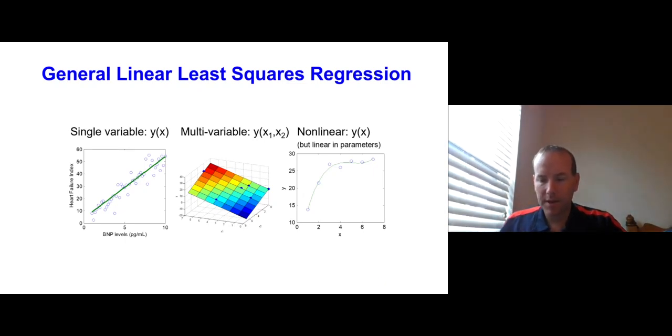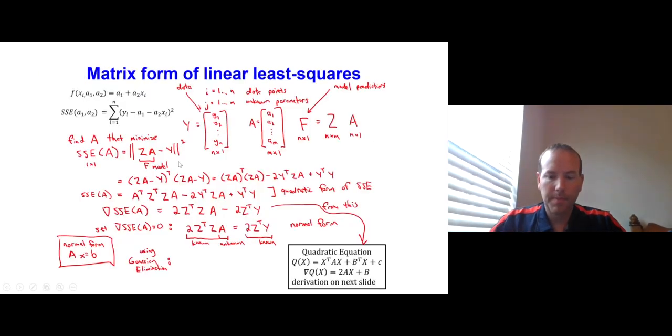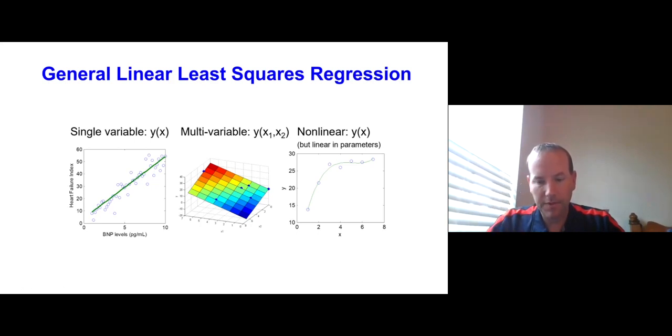Today we're going to be continuing our discussion of regression, in this case the topic of general linear least squares regression. In the last lecture, we looked at how we could fit a single line, as you see here on the left, through a number of data points, and that came from a derivation of thinking about sum of squared errors, and we took the derivative of that surface with respect to each of the two parameters and found parameter values that would minimize the sum of squared errors.